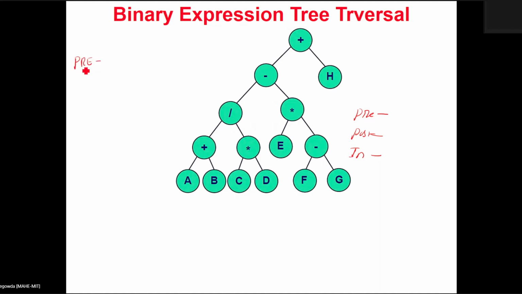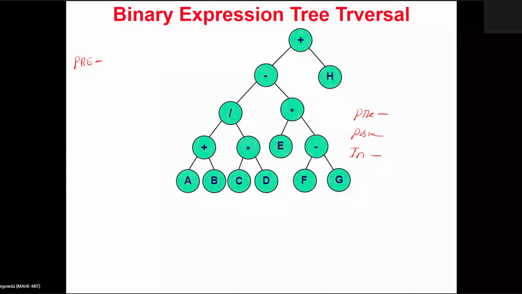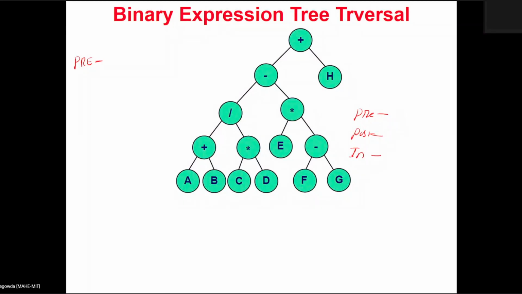Can anybody let me know what is the pre-order traversal output for this? What is the output of this? What is the first operand you will get? I want just the traversal output.